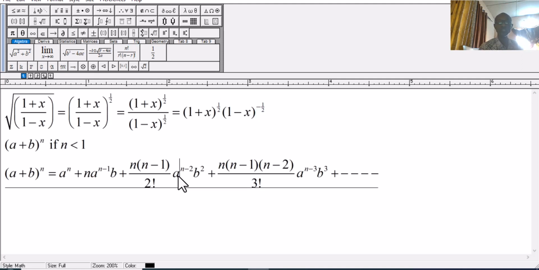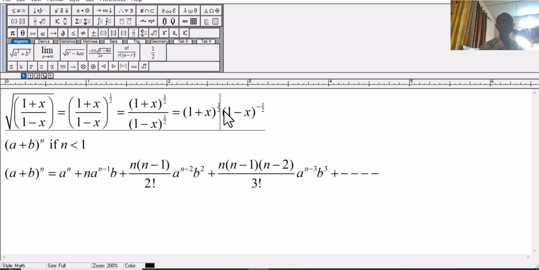So we are going to use this pattern of expansion to expand this, and we are given that we should ignore any term that is x cubed and above. So we are not going to deal with anything x cubed, we are going to ignore them. So let's start with this. This one will now be 1 raised to the power of half.